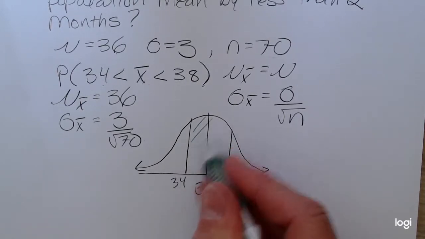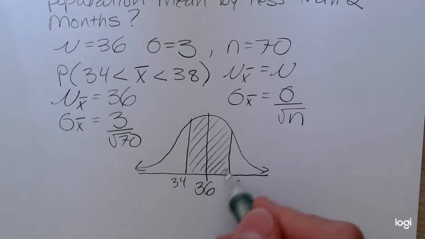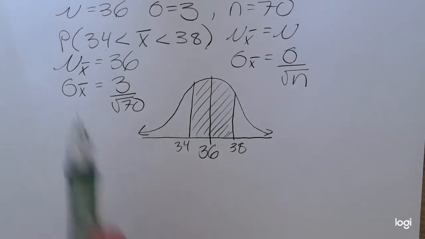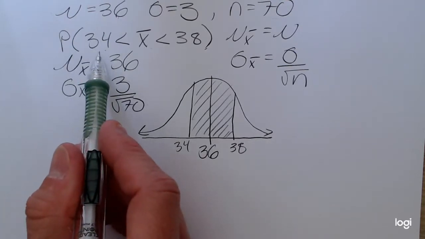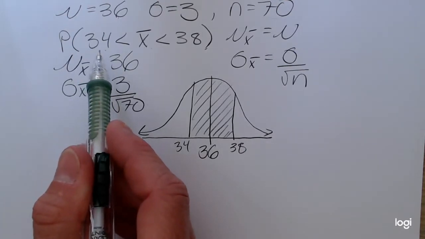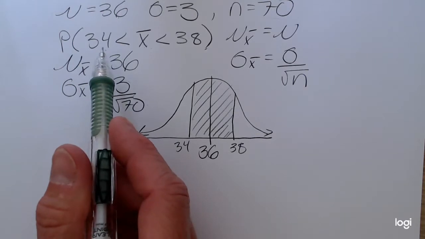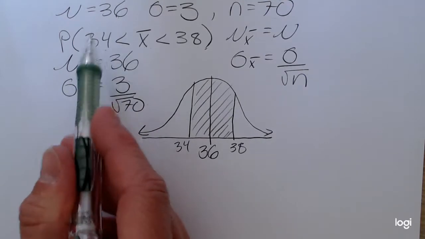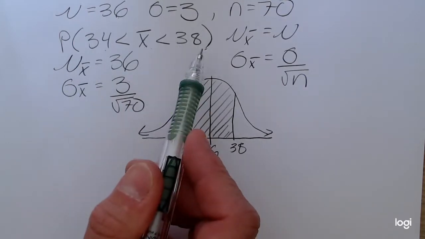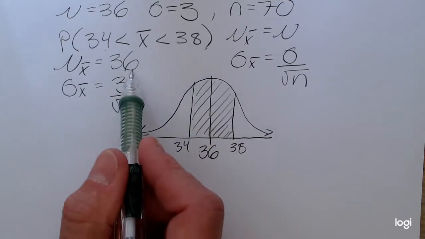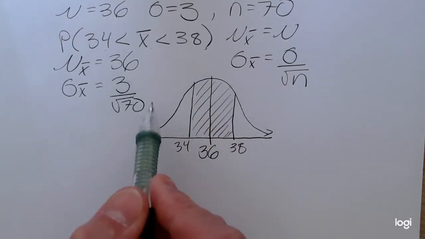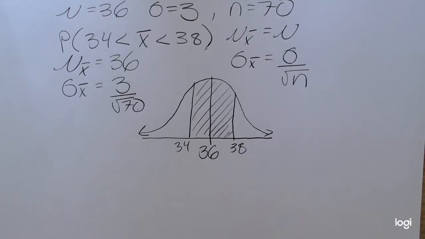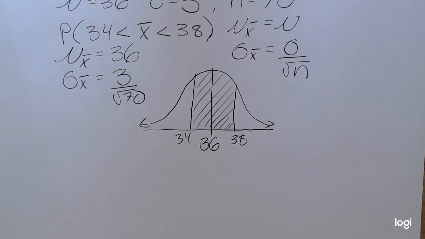Now this might not be shaded proportionally correct, so I'm just treating this as a visual aid. And going back to our probability statement, if you want to standardize and use the z-table, as I've said in my previous examples, you would have to convert both of these endpoints to z-scores by subtracting the mean and dividing by the standard error of the mean. I'm going to go ahead and use the calculator for that.